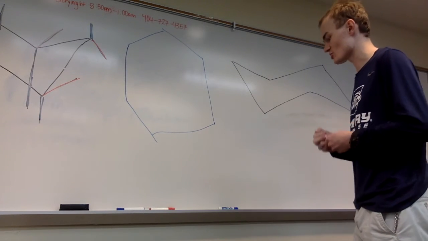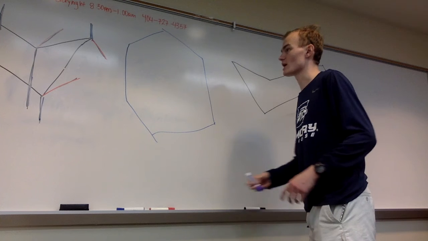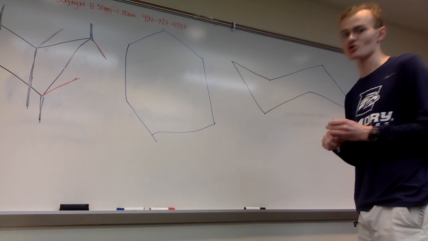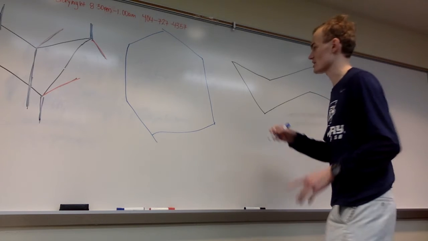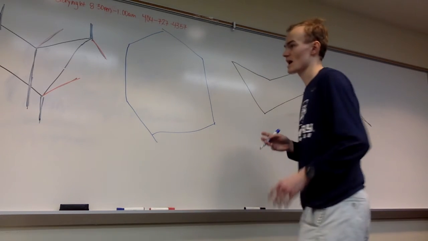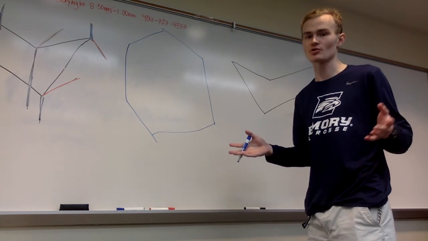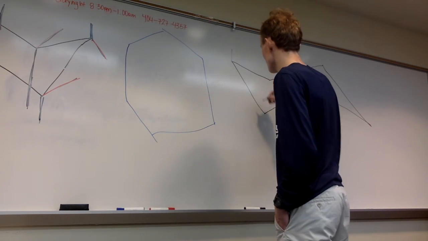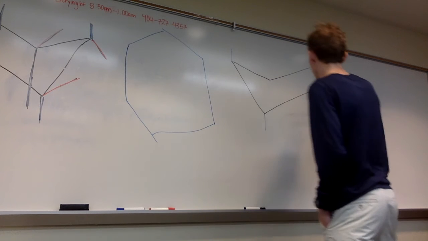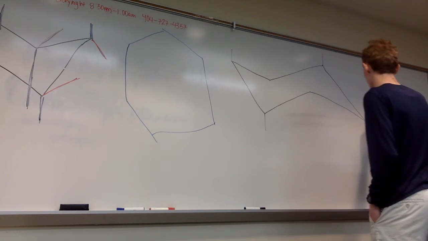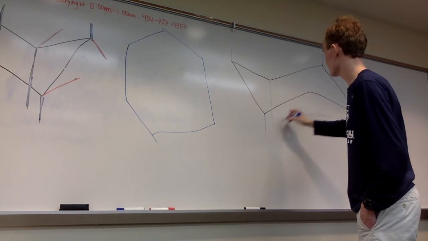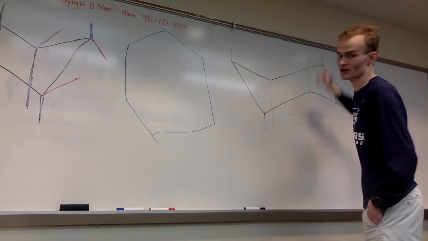Now we add on the substituents. So I think blue was our axial substituents. So the blue is going to be the same, or I'm sorry, the axial and equatorial, they're all going to be relatively the same, because axial is always going to be straight up or straight down. This one is straight up, this one is straight down, and this one is going to be straight down, and this one is going to be straight up.